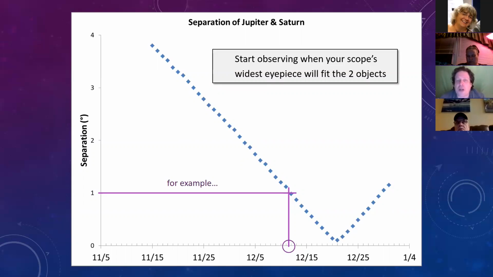Just go out every night that it's clear, and look at Saturn and Jupiter, and see with your own eyes that they're getting closer and closer together. But for those that have access to a telescope, what provides the neatest opportunity with this conjunction is to be able to view Saturn and Jupiter at the same time through the telescope.